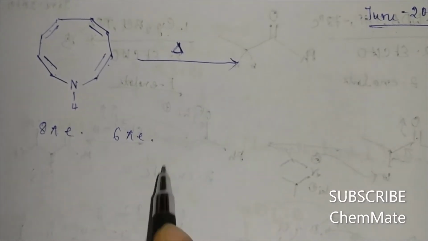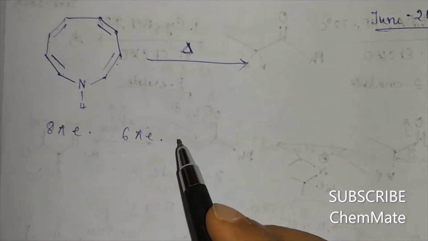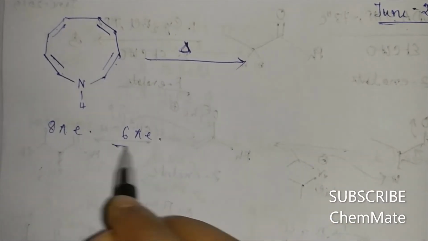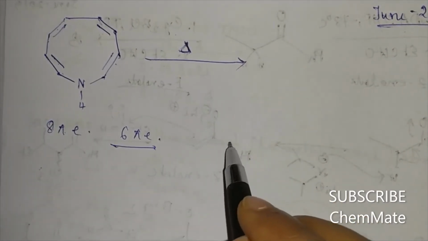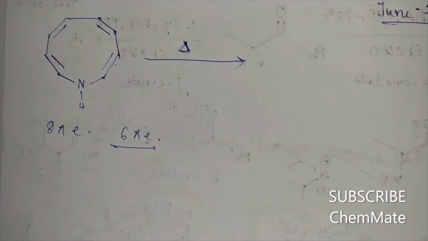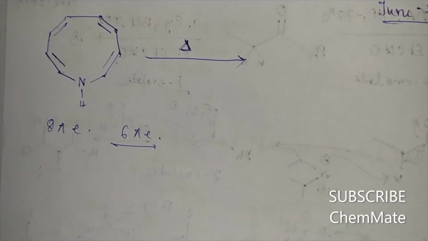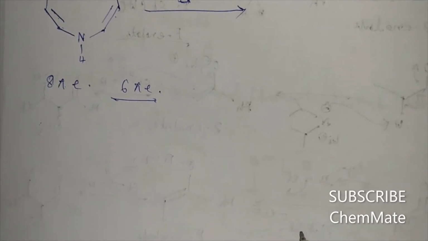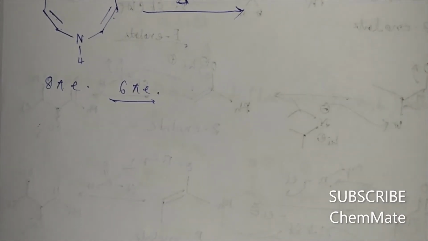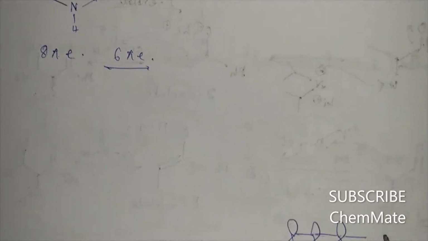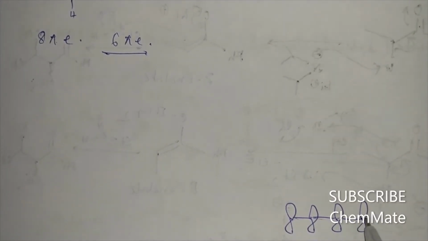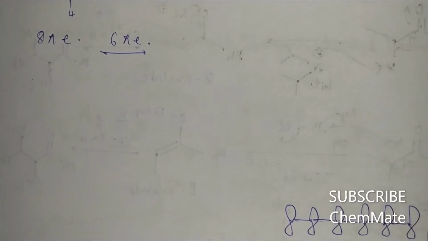So for the 6 pi electronic system, we first construct the molecular orbitals of the 6 pi electronic system consisting of 6 p orbitals.